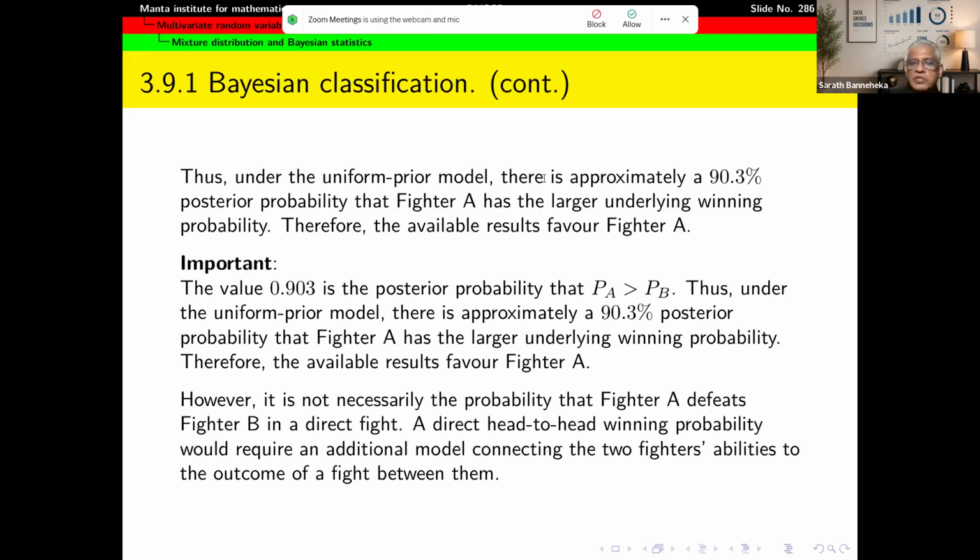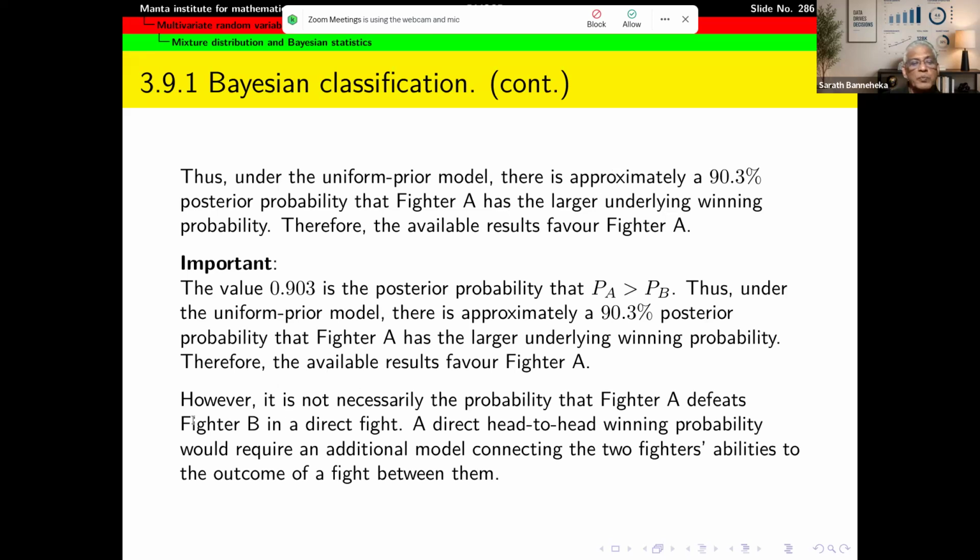Even though it's mentioned here, because I got help from AI to produce some of the interpretations here, it's better to mention it as 0.903. So fighter A has the larger underlying winning probability. Therefore, the available results favor fighter A. The same thing that I mentioned here.